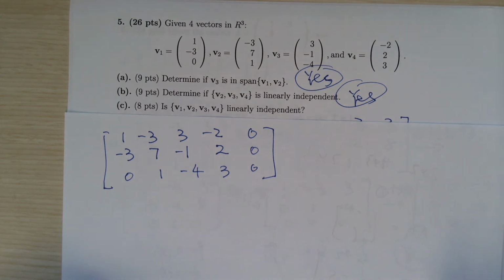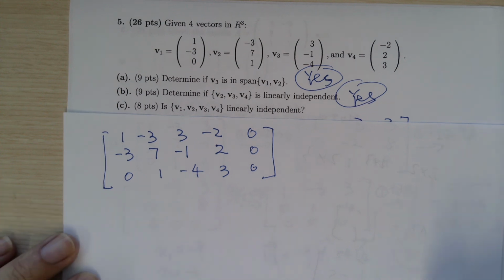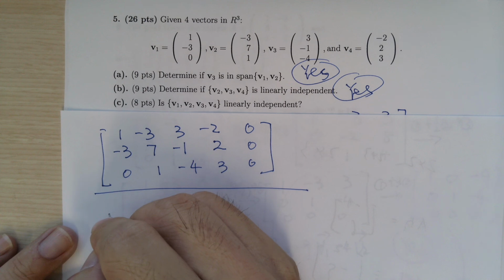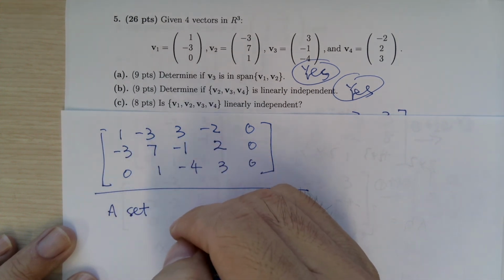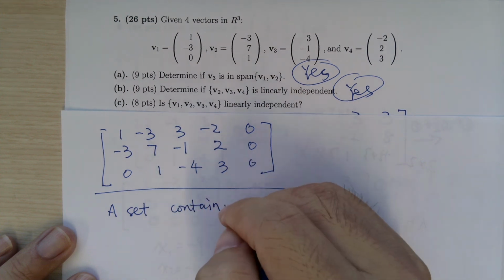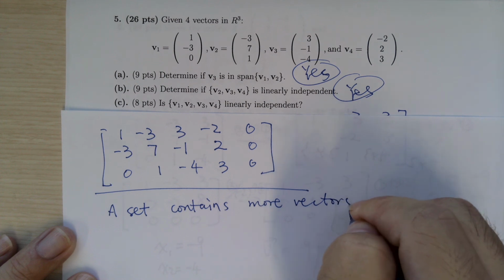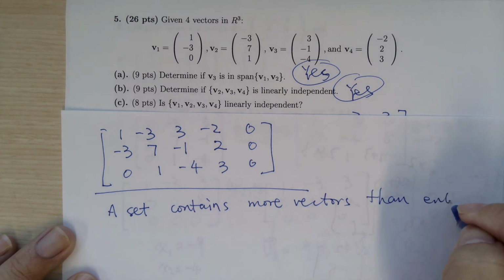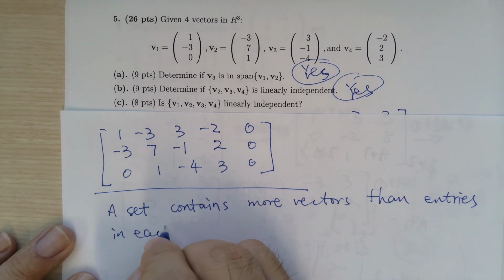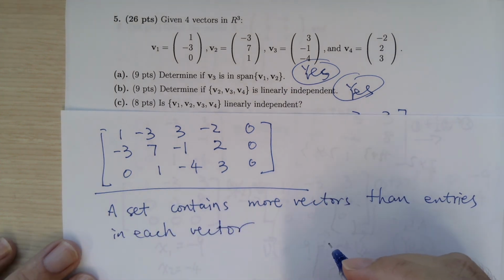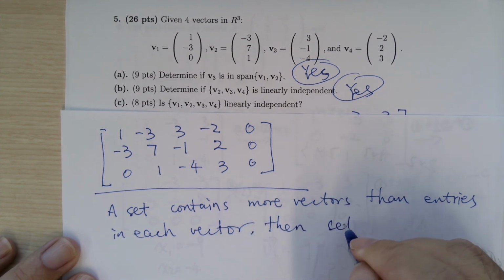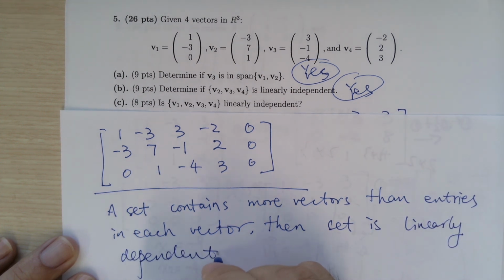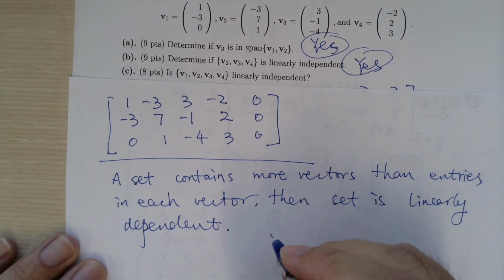It says that if you have a set that contains more vectors than the number of entries in each vector, then that set is linearly dependent.